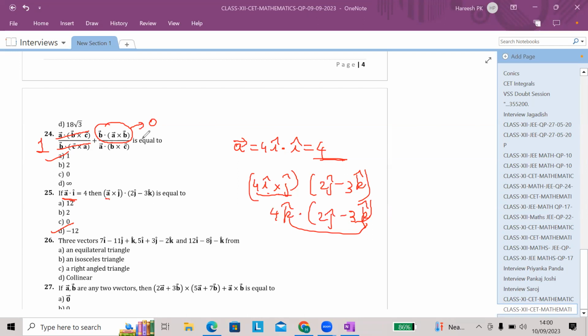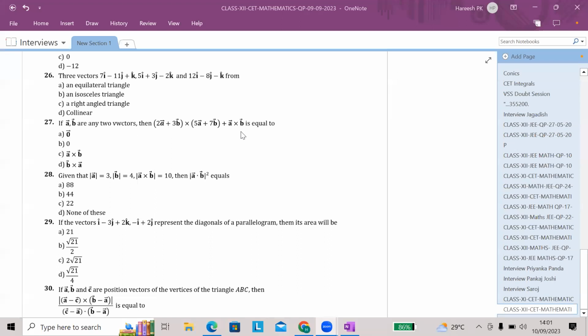Next question. So what are these three vectors going to be? Let's check whether their magnitudes are equal. You have root of 49 plus 1 plus 121.